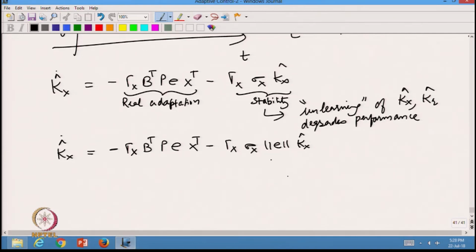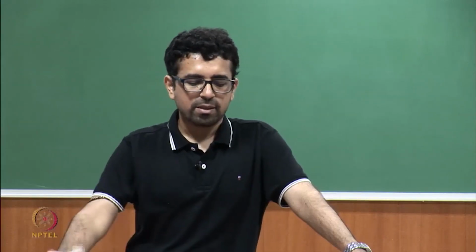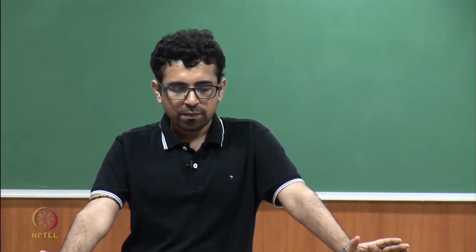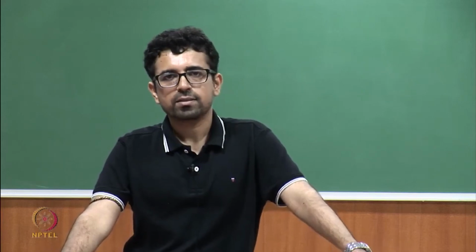So, the unlearning effect can be mitigated in some way by including the norm of E in the second term of the update law as well. Not only will the first term become small, but this second term also will become small if the tracking error becomes very small. So, the only thing we need to prove is that with this update law, can we make sure that the signals are bounded, and that the parameter estimates remain bounded. That is what we will prove in the next class. Okay. Thank you.